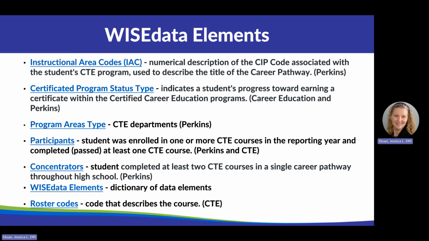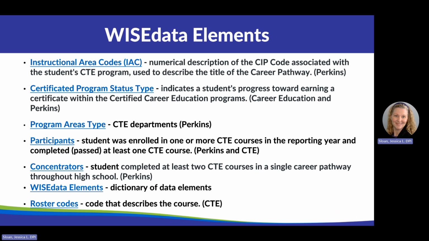Roster codes, codes that describe the course, are CTE. Instructional area codes are a numerical description of an occupation, sometimes referred to as a SIP code, and they're associated with a student's CTE program, which means they are the codes that are used to identify CTE concentrators for Carl Perkins.